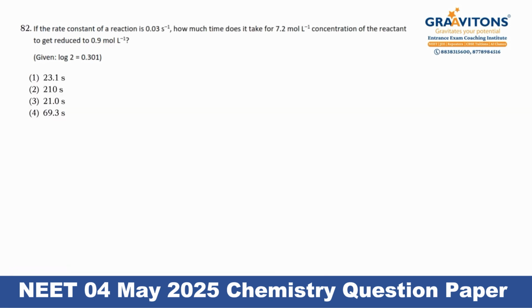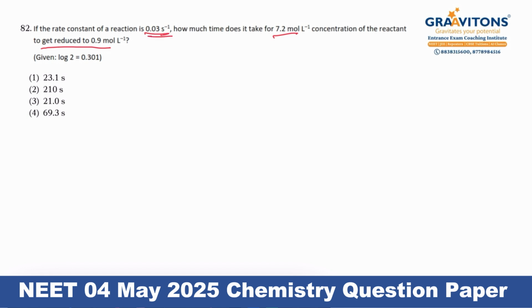If the rate constant of the reaction is 0.03, how much time does it require for 7.2 mole per liter concentration of reactant to get reduced to 0.9 mole per liter? So what is the formula? Based on the rate constant, which is per second, it is a first order reaction.